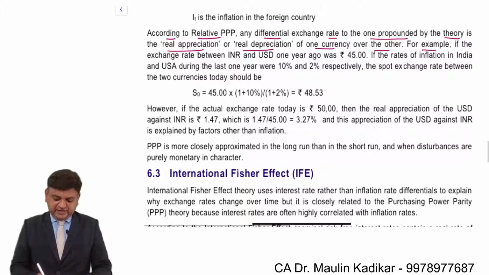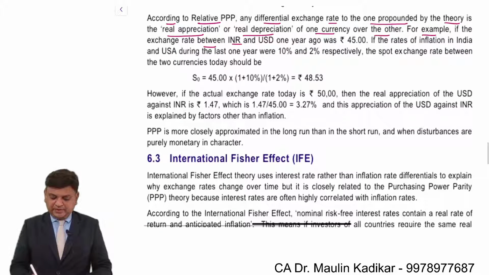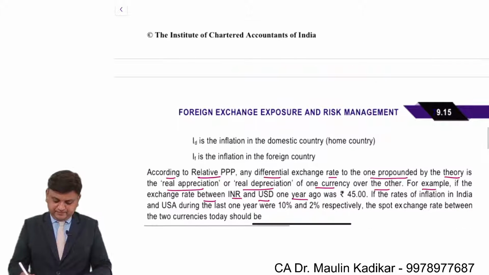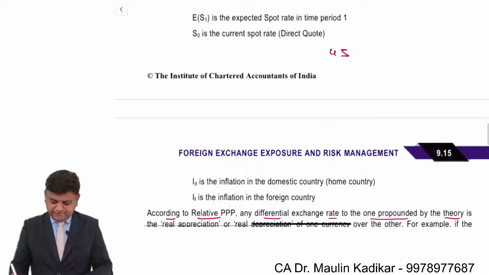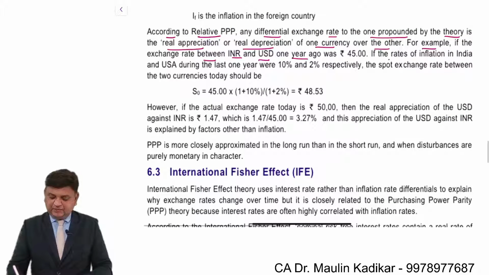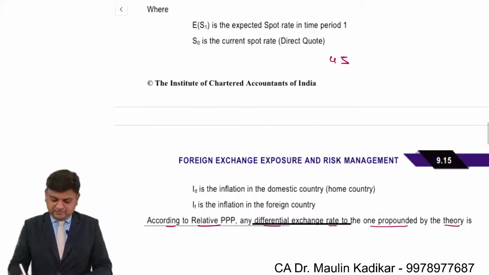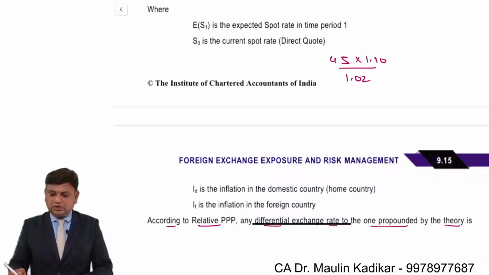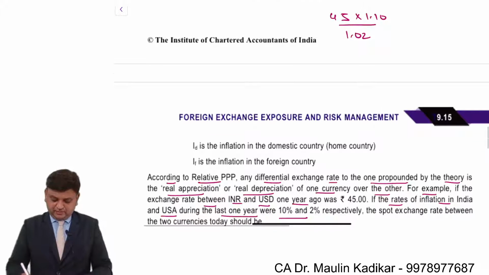For example, if the exchange rate between rupees and dollar 1 year ago was 45, and the rates of inflation in India and USA last 1 year were 10% and 2%, so it is 48.5294.